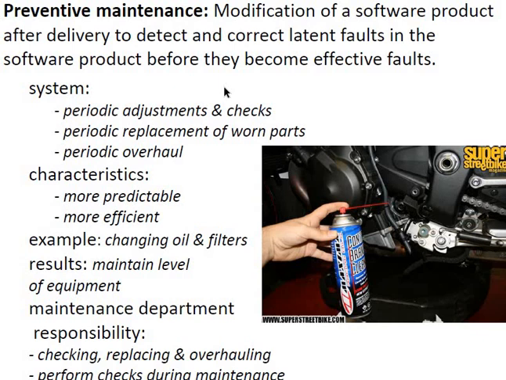Then we have the preventive maintenance, the modification of a software product after delivery to detect and correct latent faults in the software product before they become effective faults. Let's say once you have delivered the product to your client, if any latent or minor fault is found in the particular software, you immediately correct it before it breaks other functionality, or becomes a bigger fault in the future.